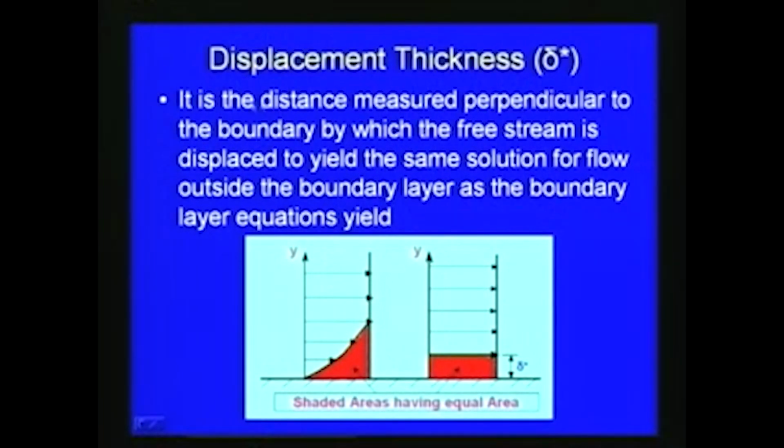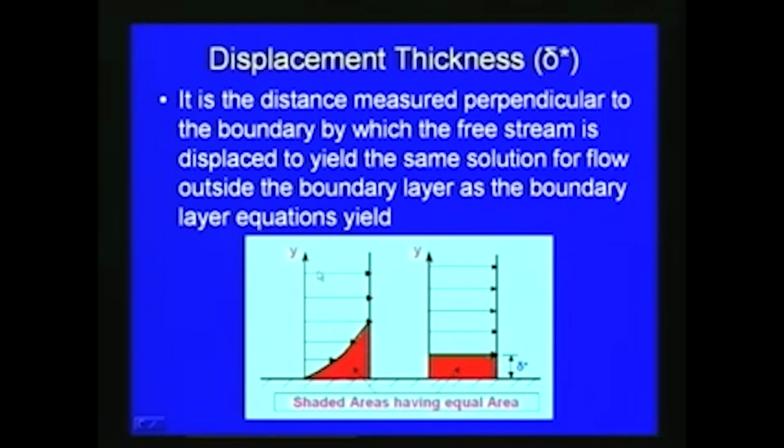So now we have seen the boundary layer thickness, and the next important definition in boundary layer theory is called displacement thickness, generally identified as delta star. The displacement thickness is defined as the distance measured perpendicular to the boundary by which the free stream is displaced to yield the same solution for flow outside the boundary layer as the boundary layer equations yield.